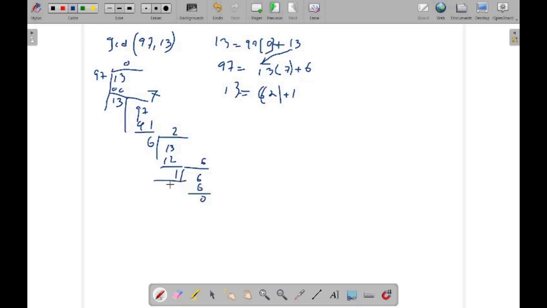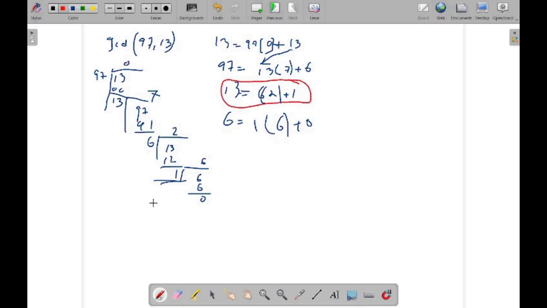So this 1 is the GCD. We write 6 equal to 1 into 6 plus 0. Then we will do the backward replacement from this stage.